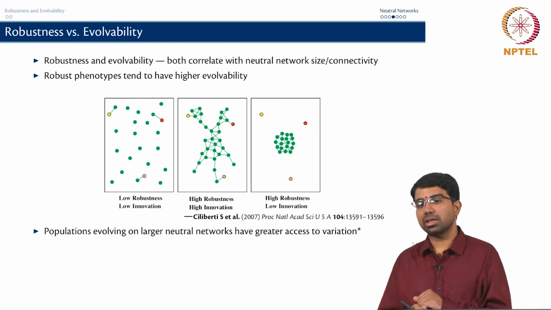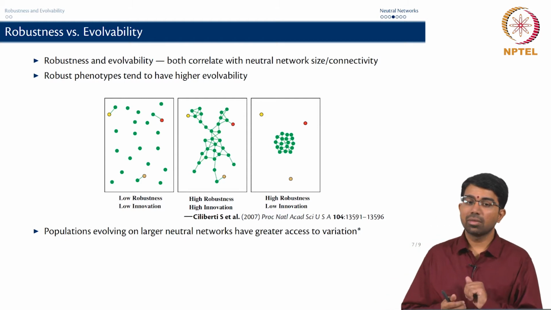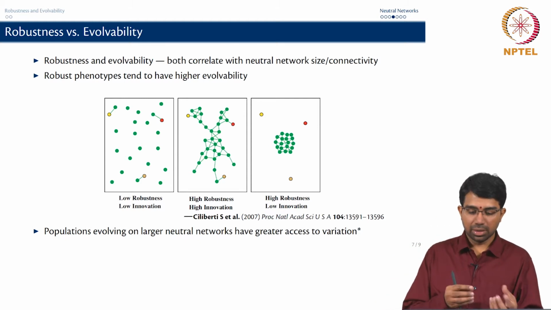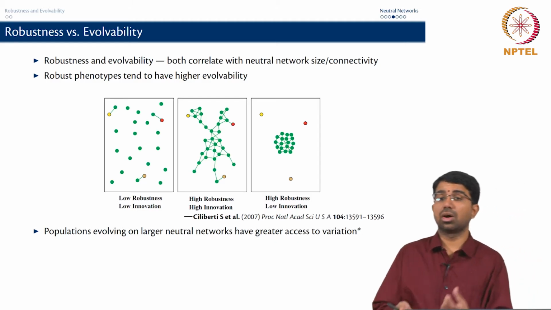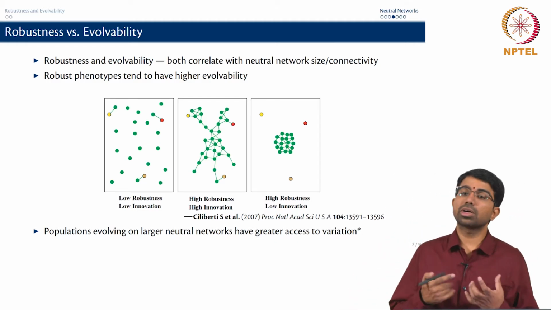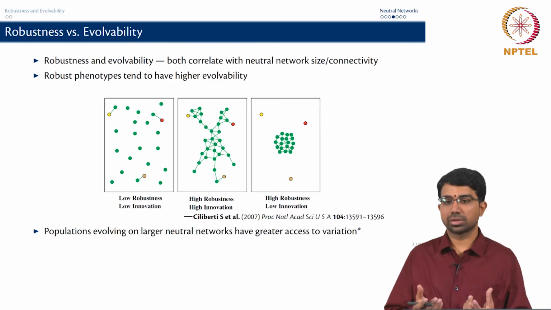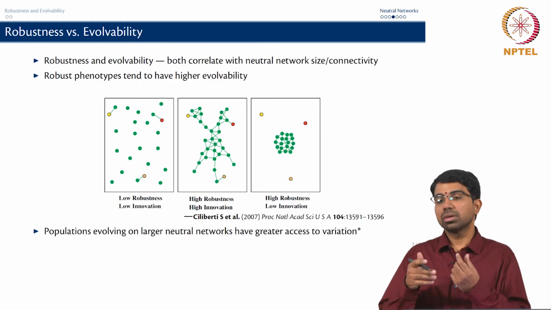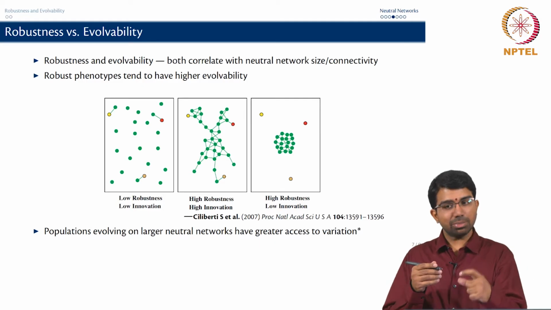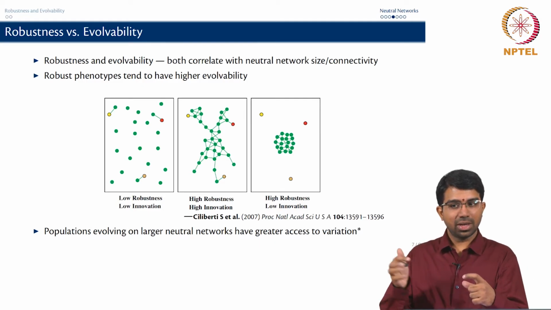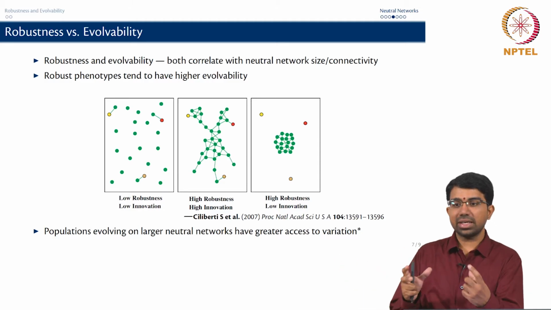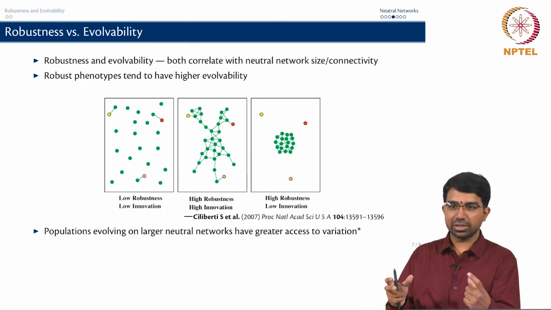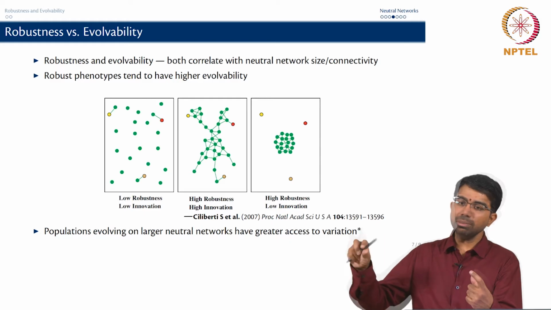And this is very interestingly found even in protein structures and so on. Let us say you have a protein that carries out a particular function, say an alcohol dehydrogenase. What is important for this function? Some active site residues. As long as you keep the active site constant and you change a few other things in other parts of the protein, it can retain its ADH function, alcohol dehydrogenase function, but at the same time mutate.